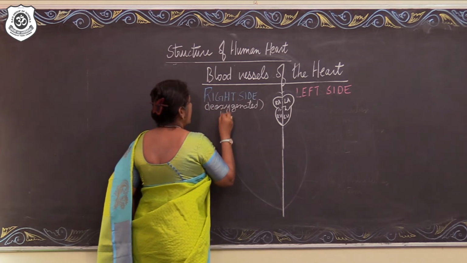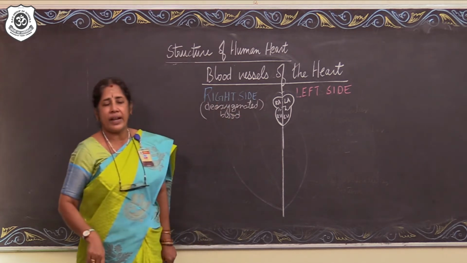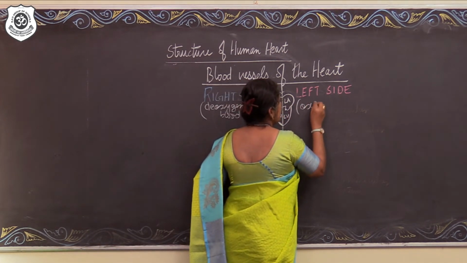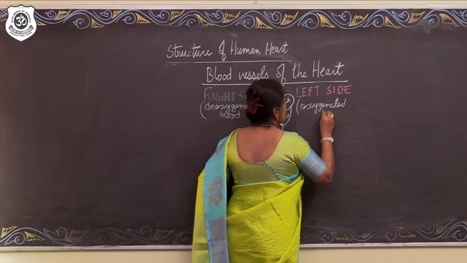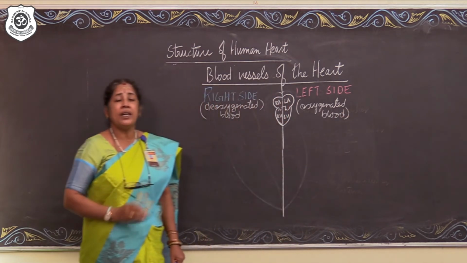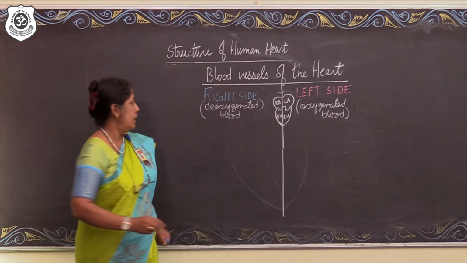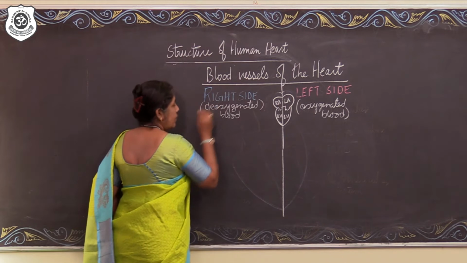That is what will be seen in both the chambers on the right side, whereas the left side of the heart deals with the oxygenated blood. And we have already seen that the septa do not allow the mixing of the two types of blood. So now, what are the blood vessels connected to the right side of the heart?